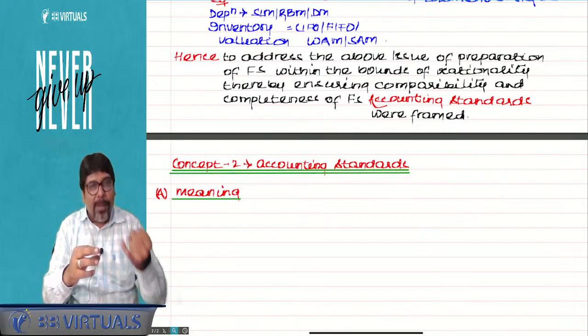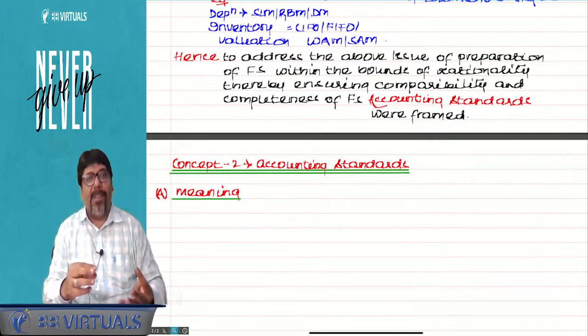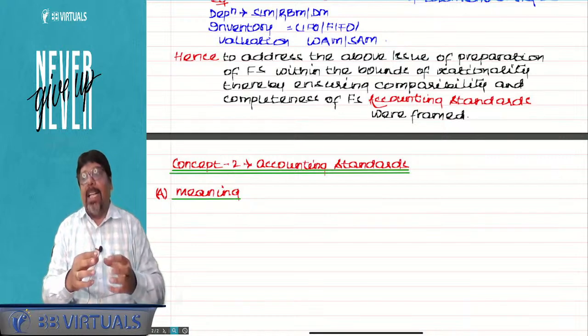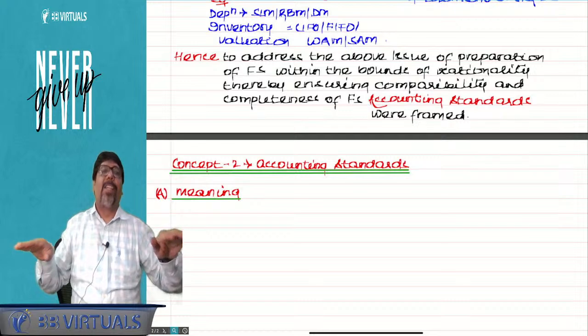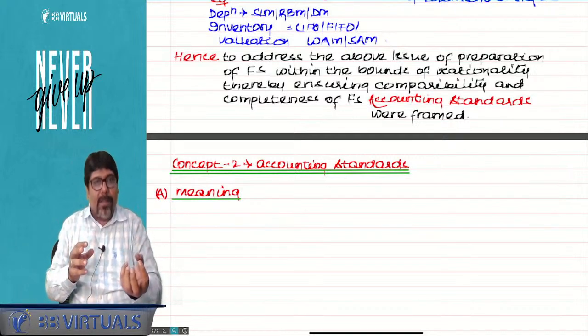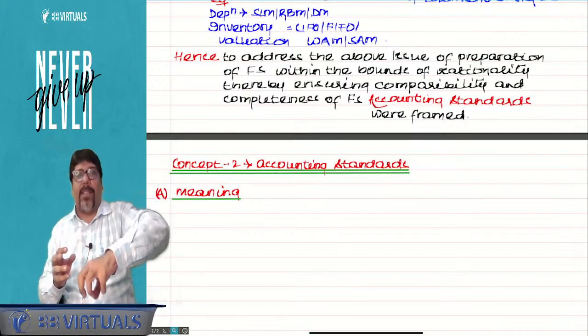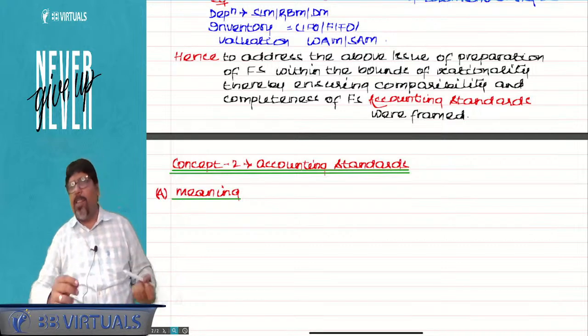Standard means process, document, guidelines, framework, so that different aspects of accounting make the financial statement standardized. So standards are rules which make the process or the output standardized. Am I clear? Yes or no?